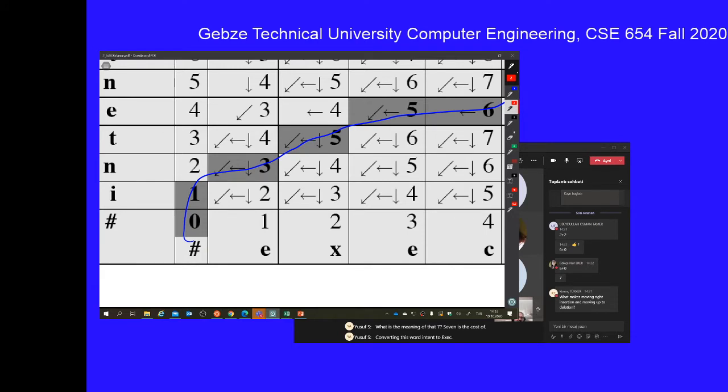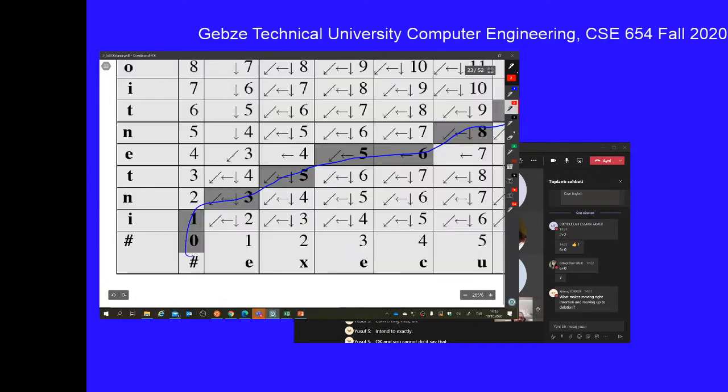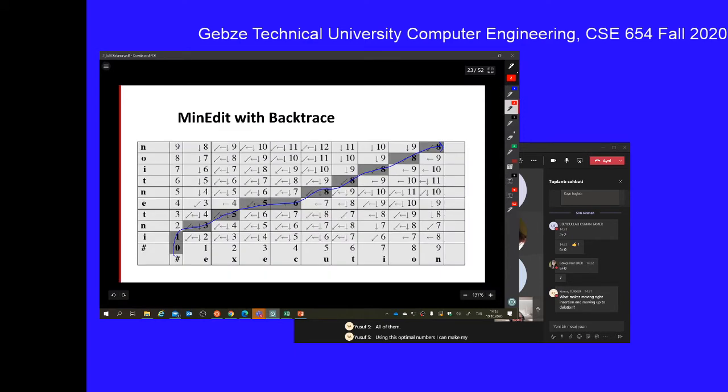Converting intent to exec, and you cannot do better than that 7. Since I know all the optimal numbers in my problem, using these optimal numbers, I can make my job easy for each step to calculate the next phase of the dynamic programming table building.